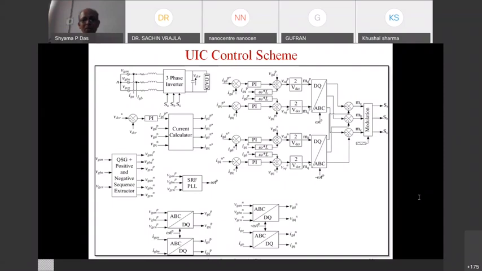So by involving the transformation having minus omega t, we transform the negative sequence grid voltage into VGDN and VGQN. We also use the same transformation for the negative sequence currents, to transform ABC into DQ, that is IGDN and IGQN.